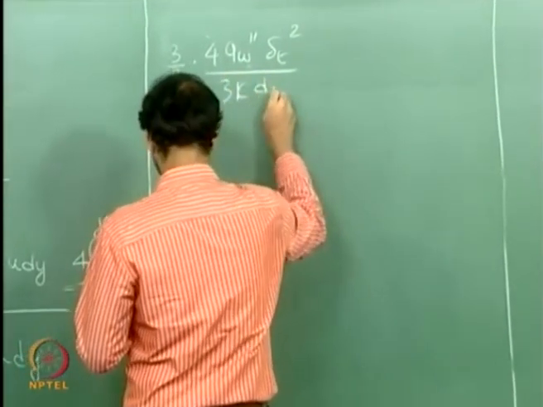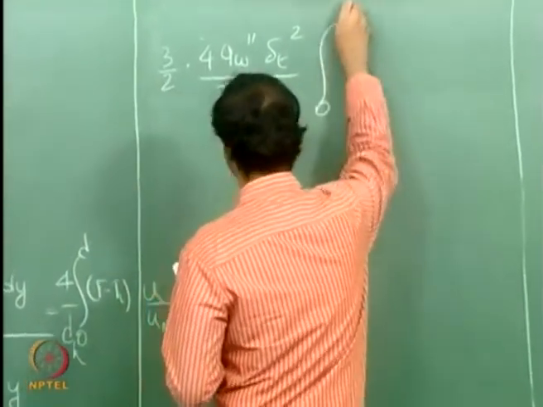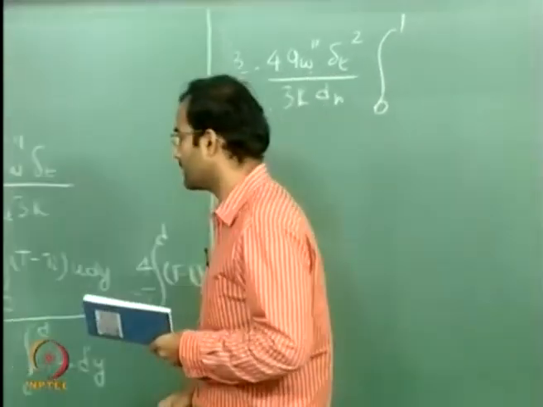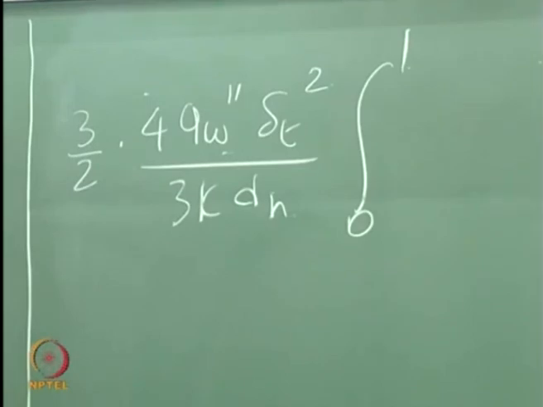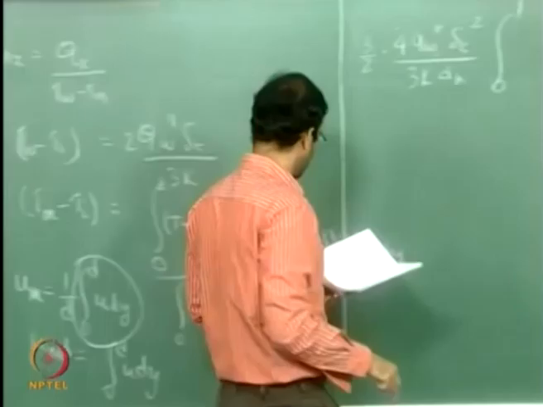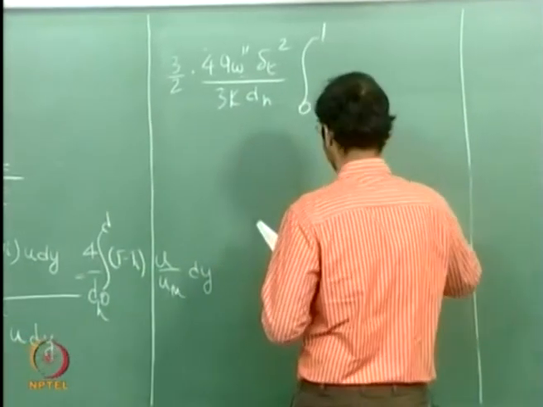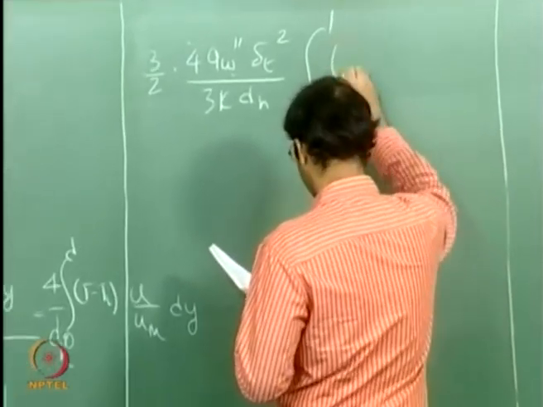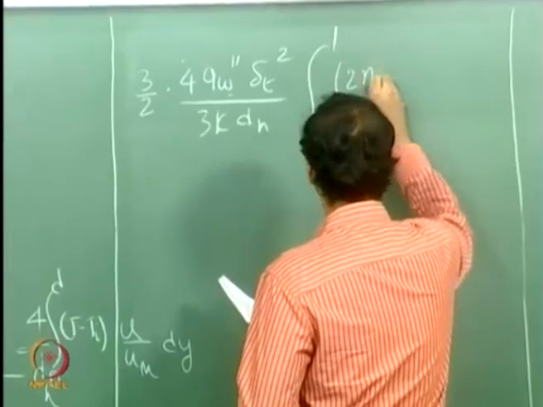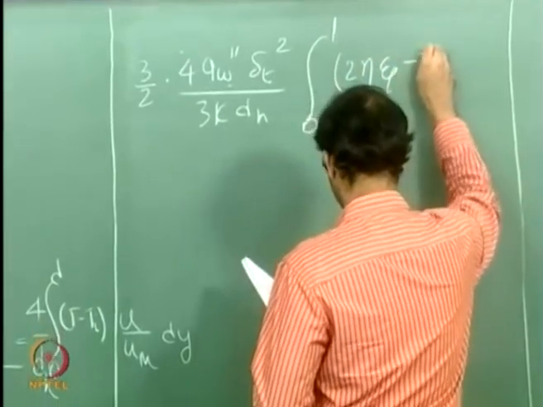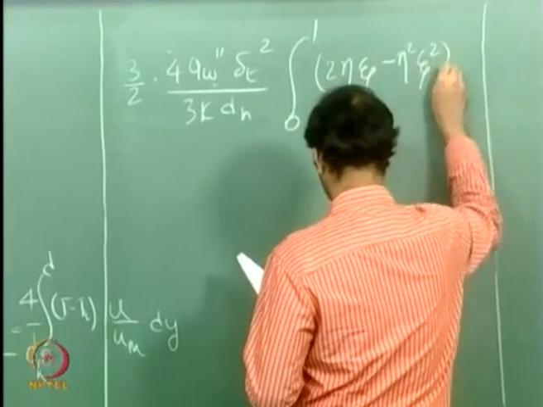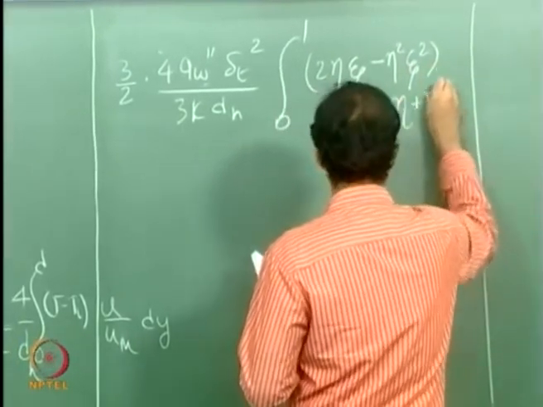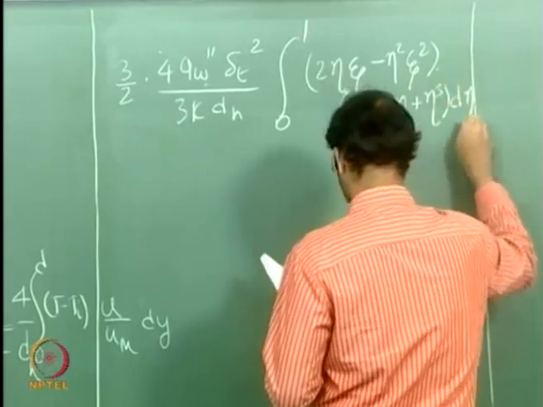3 kdh, and I am integrating over non-dimensional, so I'm converting this into eta, which is y by delta t, okay, in place of y. So therefore I'm substituting all of this, it becomes 0 to 1 essentially, and this is 2 eta zeta minus eta square zeta square into 2 minus 3 eta plus eta cube into d eta.